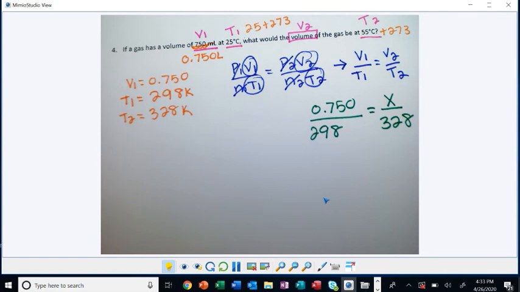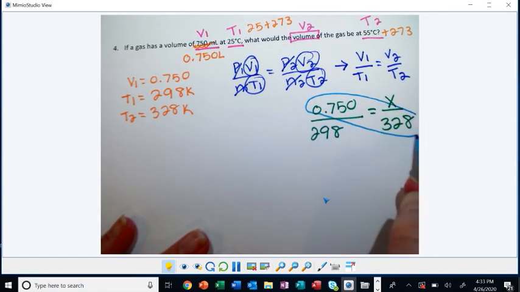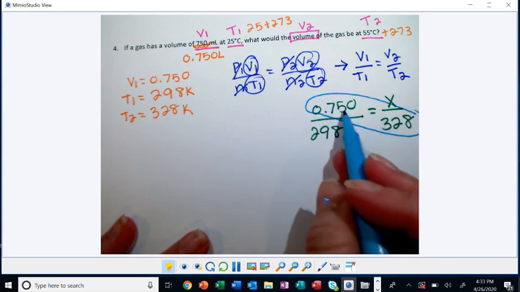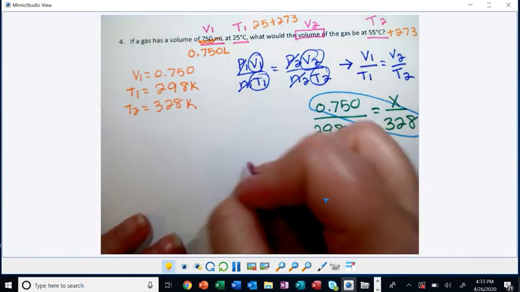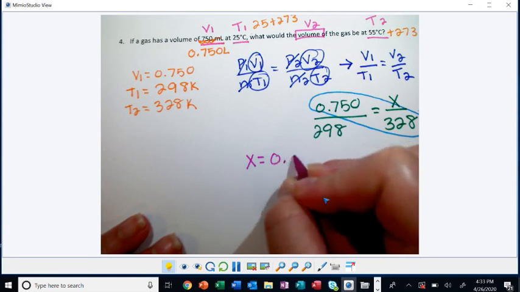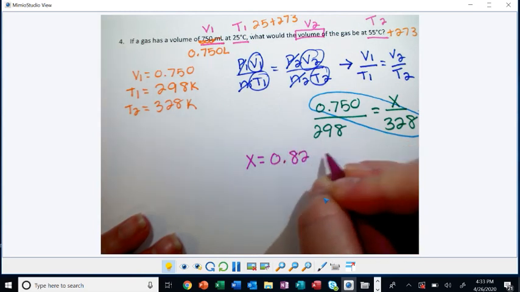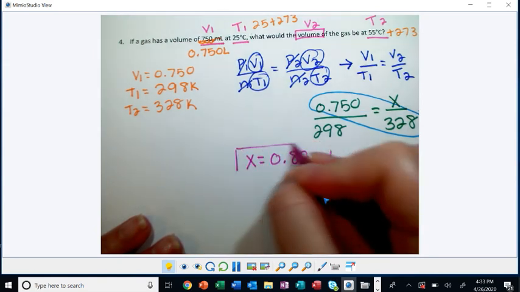When our equation is set up like this, in order to solve it, we're going to do the butterfly method. We multiply these two and divide by what's on the outside. And we get that X is equal to 0.826 if I am doing 3 significant figures.